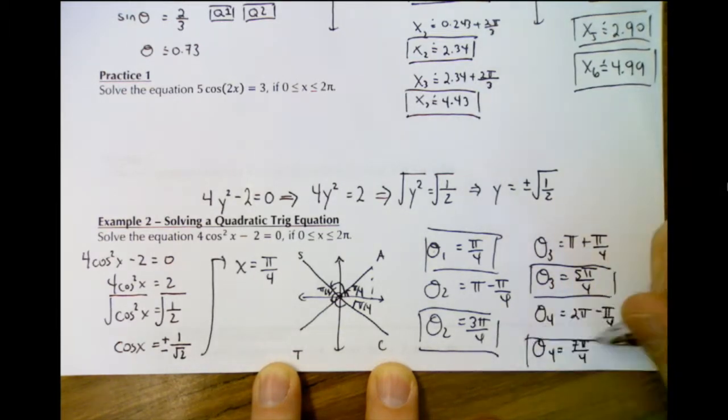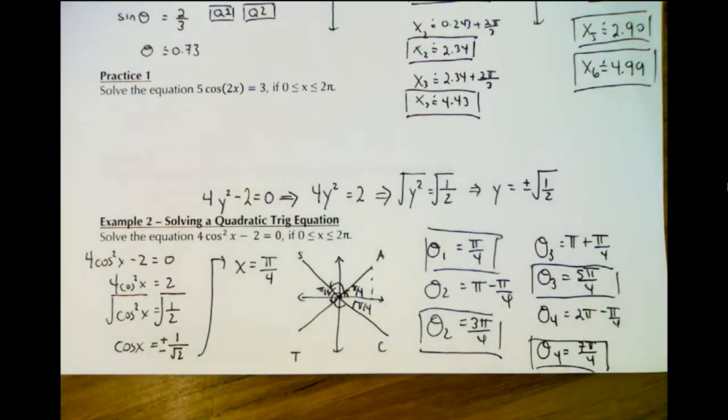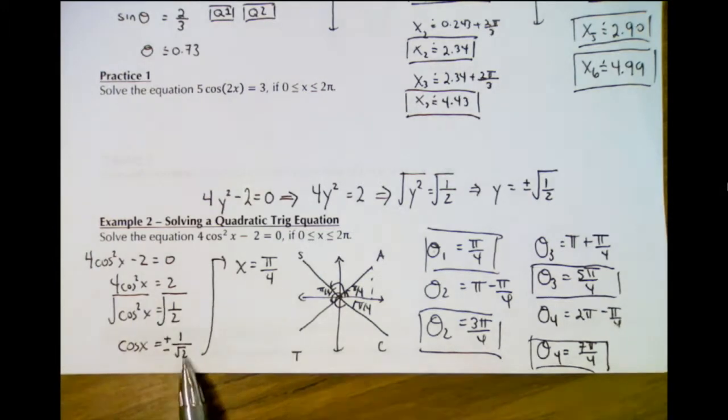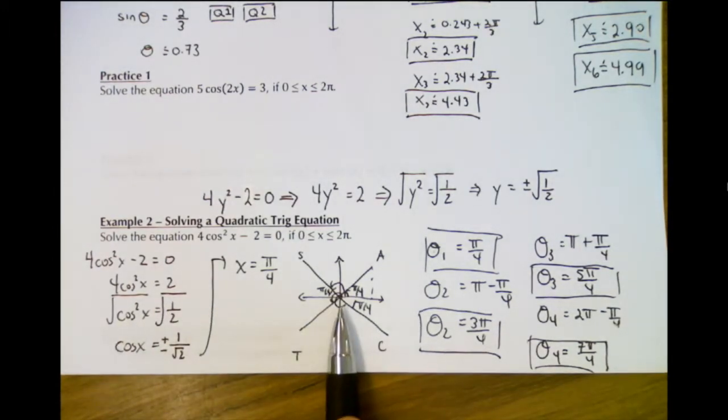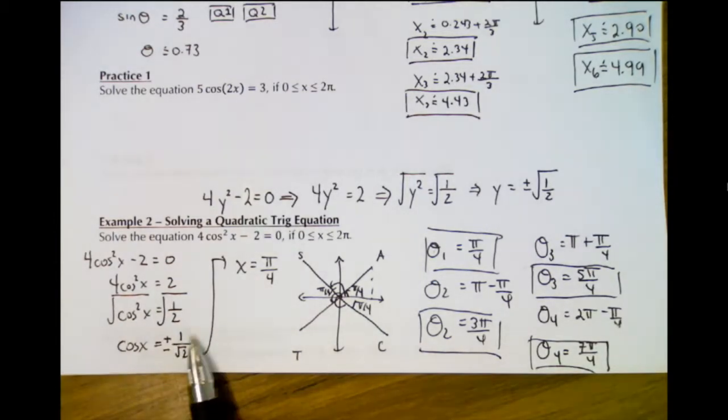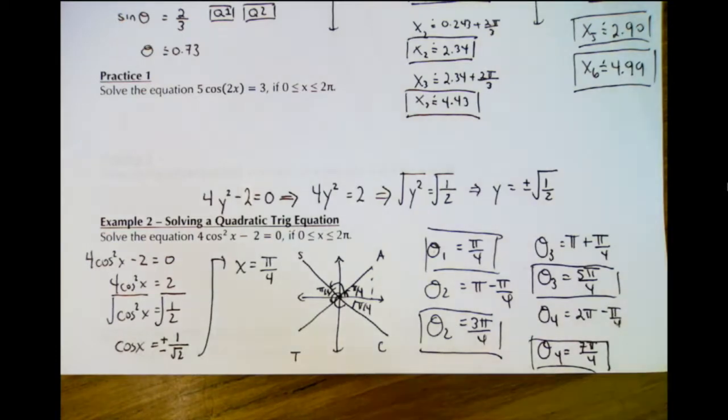So how are we coming up with all those answers? Since when you square root a value, you get both positive and negative, you're going to get answers in 4 quadrants because the ratio we're looking for is both 1 over root 2 and negative 1 over root 2. You get 1 over root 2 for cosine in quadrants 1 and 4.